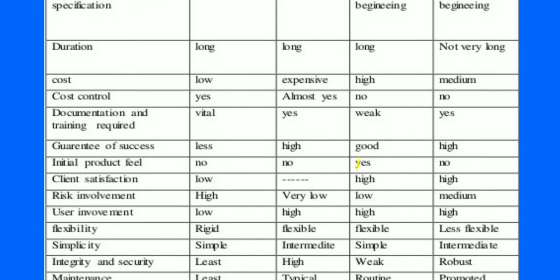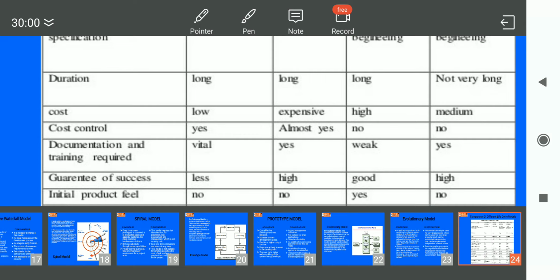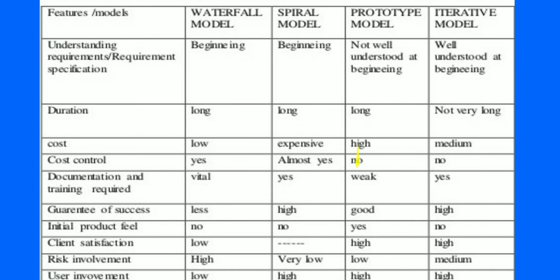So go through them slowly. Read at least 5 features so that you can write.